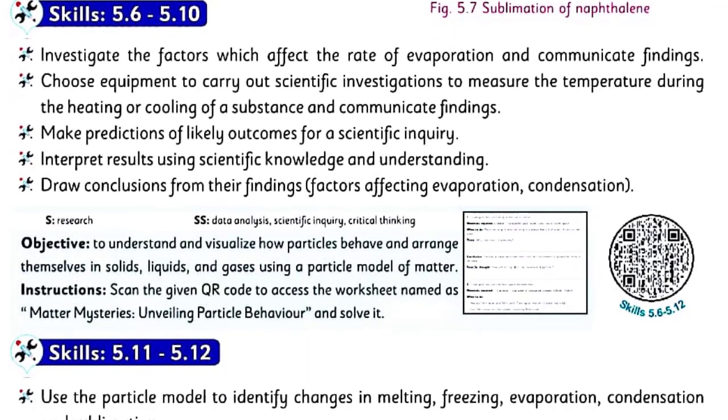Skills 5.6 to 5.10. Investigate the factors which affect the rate of evaporation and communicate findings. Choose equipment to carry out scientific investigations to measure the temperature during the heating or cooling of a substance and communicate findings.